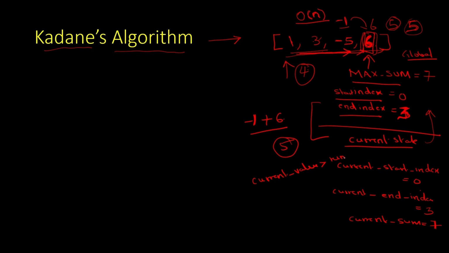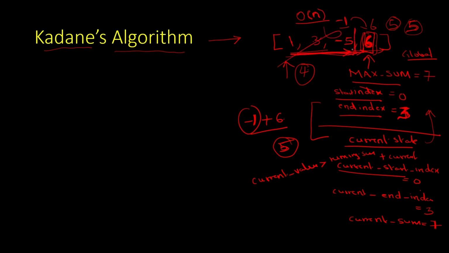So running sum plus current index. My subarray which started from here, which has a running sum of minus 1, I have included this particular element 6 in that subarray, but my sum has been reduced to 5. So it's better if I update my current start index to now forget this part.